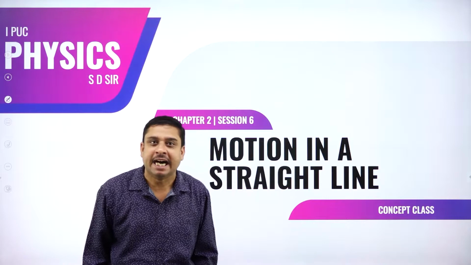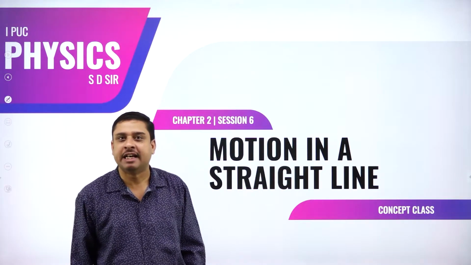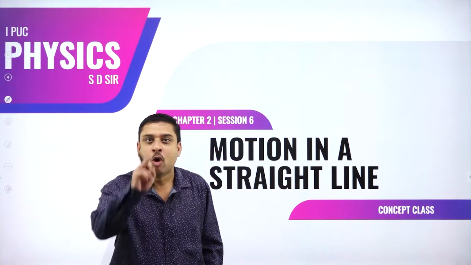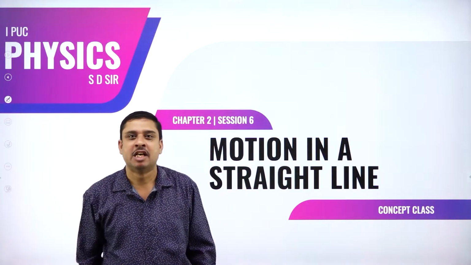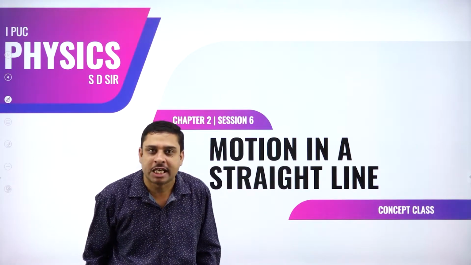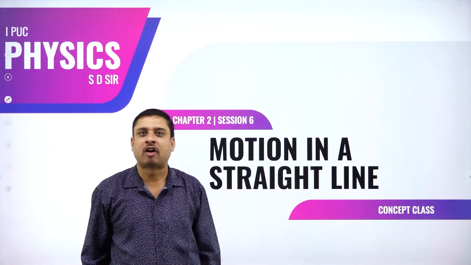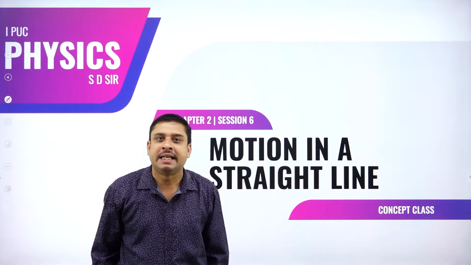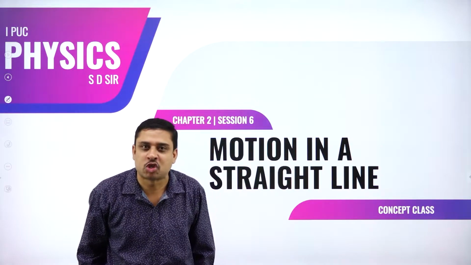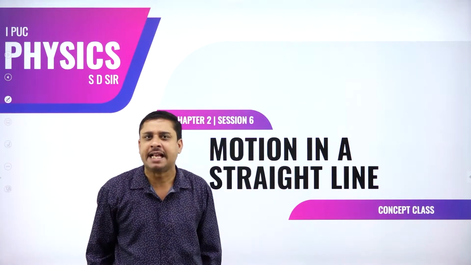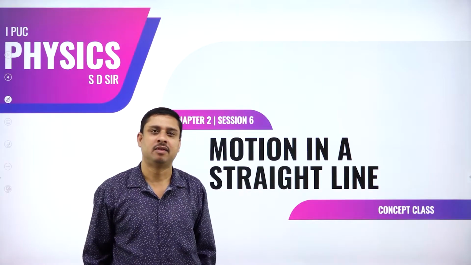Because here we require only one axis to describe motion. Therefore, in simple terms, we call it one-dimensional motion or straight line motion.